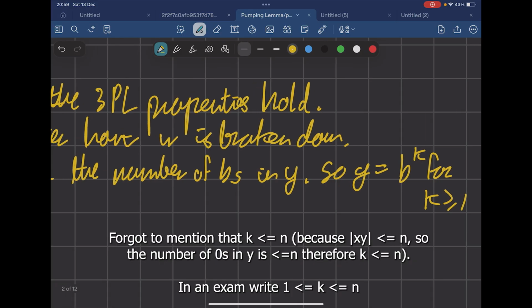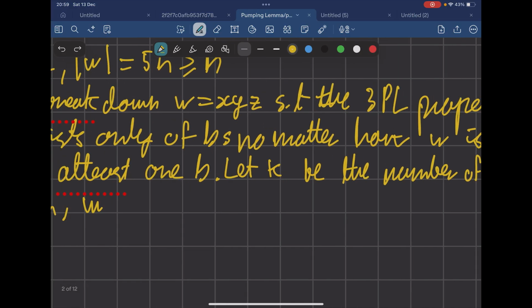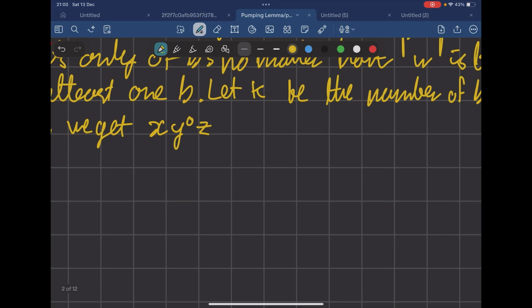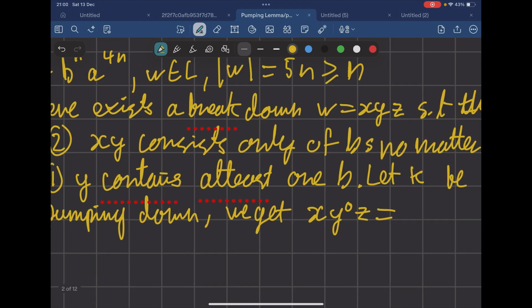So y has some amount of b's. So by pumping down, we get the string xy^0z. Let's see what it's equal to.